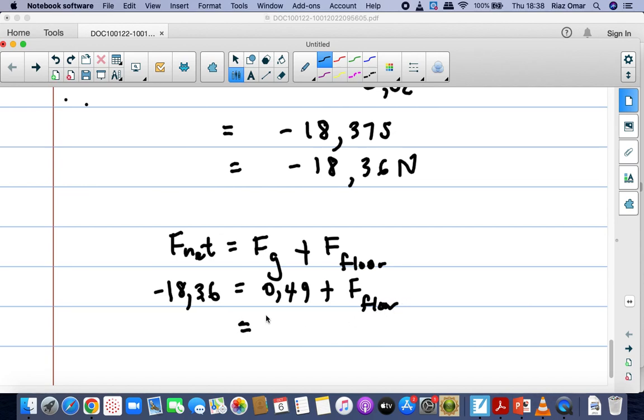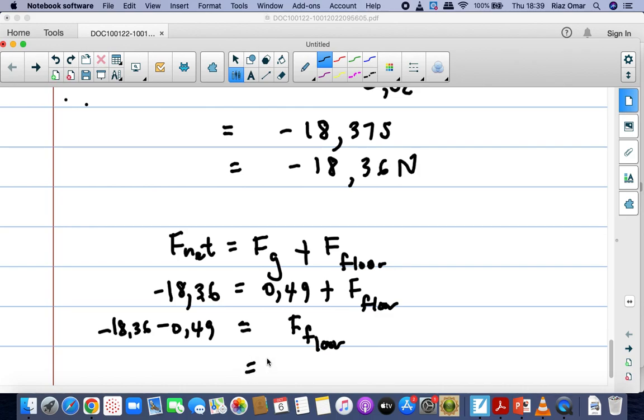If you work this out, we take the 0,49 to the other side, so it's minus 18,36 minus 0,49, and then that will give us the force of the floor.